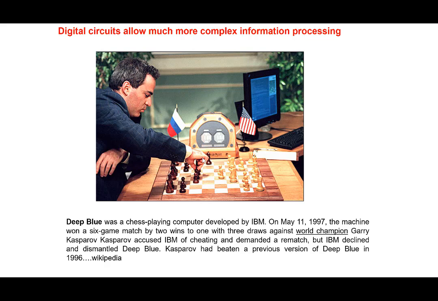Recently, a programmable circuit beat the champion in the game of Go. All of that you can do because digital circuits allow much more complex information processing. So working with digital signals is easier. Multiplying digital signals, adding digital signals, all of those things are much simpler.